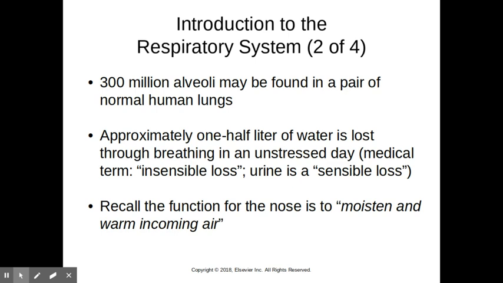All right. Approximately half a liter of water is lost through breathing in an unstressed state. The medical term is insensible loss. Urine is a sensible loss. Recall the function of the nose is to moisten and warm incoming air.